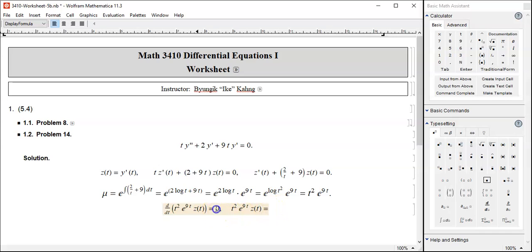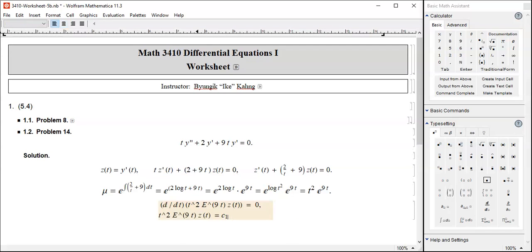What is the antiderivative of this 0? Any constant will do. Let's say C1. Oops. I have to rewrite. I lost my math mode.